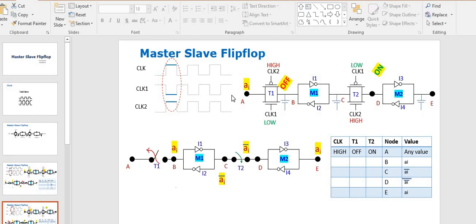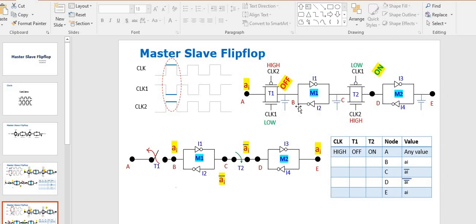The transistor is trending towards the off condition. Why is it off? Clock 1 is low, and we already know it is connected to an NMOS, so NMOS low means it will be off. Here I am giving high to clock 2, which is the PMOS transistor, and PMOS high means this one is also off.